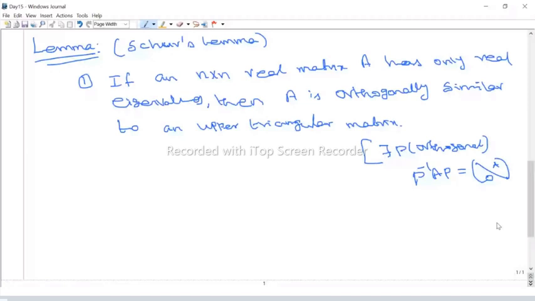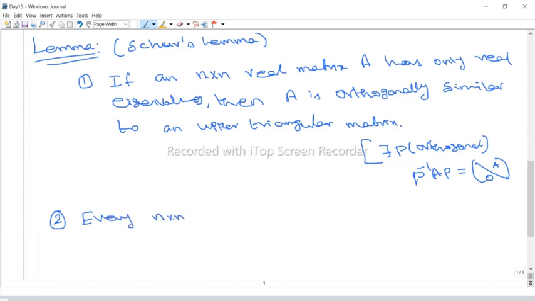Similarly, suppose we have a complex matrix. Then any complex matrix is unitarily similar to an upper triangular matrix. Okay, that is the second part of the lemma.